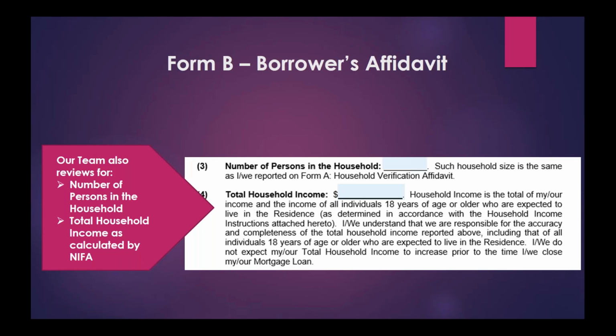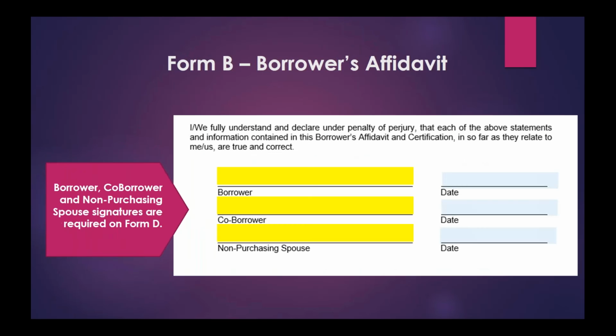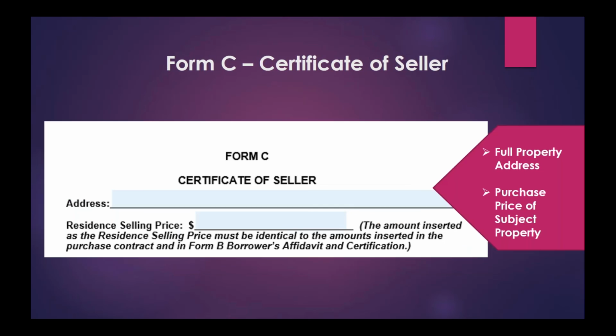Number 4 is the total household income, and that should match NIFA's worksheet, which will be out in Lender Online, or you can also fill in your underwriting income in number 4. And then that will be signed by any borrowers and the non-purchasing spouse, but again, not the occupant or cosigner.